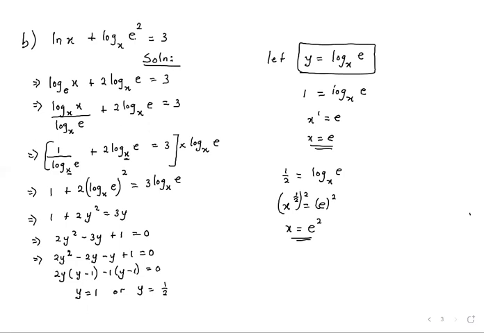The value of y depends on your choice. Our interest is the x. As long as the values of x are the same, then we are okay, because we are solving for x.